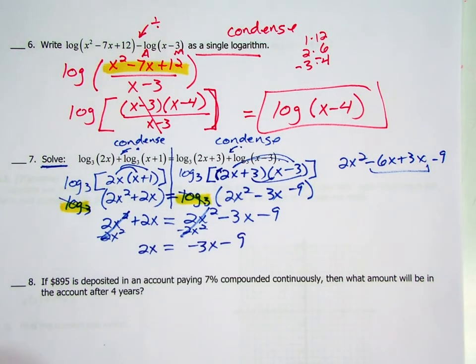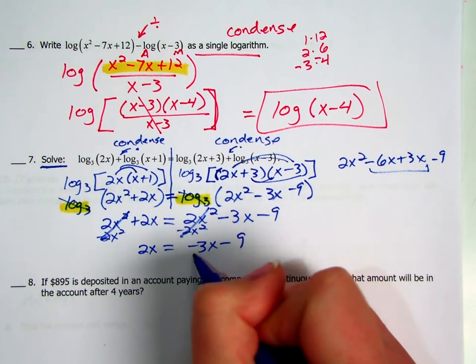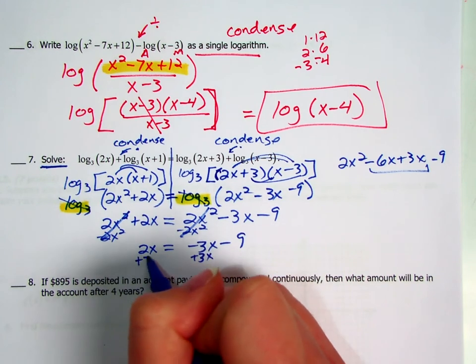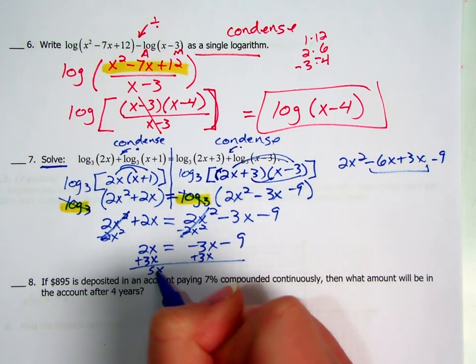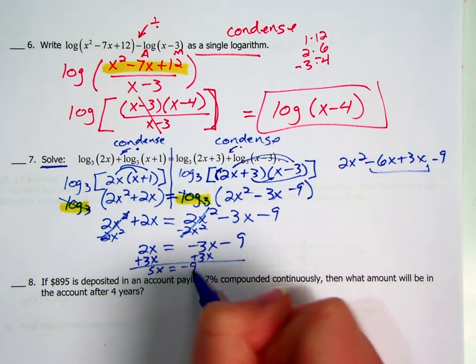And since now there's only the x terms, there's no x squareds, I know I don't need to factor. If there was an x squared and an x still left, I would need to factor, which means it would have to equal 0 before I could do anything else. But since there's only an x term, we can just get x alone by moving my x's together. So I'll add the 3x, and we get 5x equals negative 9.